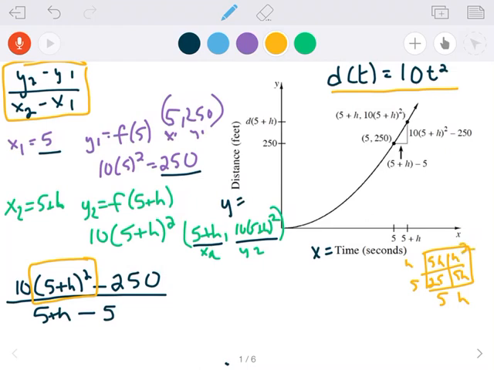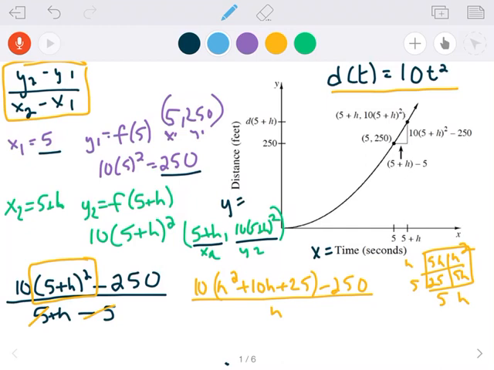So if we rewrite that, we have h squared plus the two 5h's added together are 10h plus 25. Don't forget that we need to multiply it by 10 and then subtract 250. And when we look at the bottom of the expression, we see 5 minus 5, so that just simplifies to h.